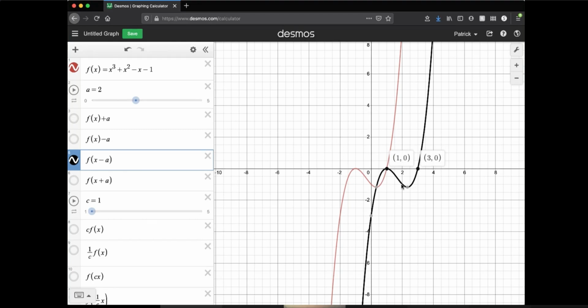And notice that the y values, okay, so this is at 0, -1. This is at 2, -1 now. So everything just got pushed 2 units to the right. And so that would be your effect, right 2 units.